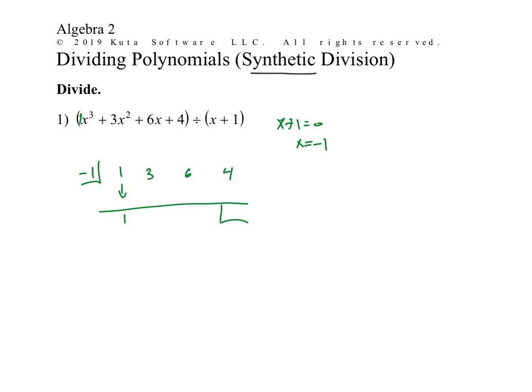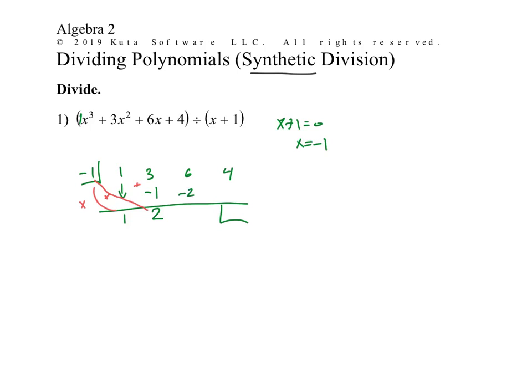Now I have 1. Now I'm multiplying those two. So 1 times -1 is -1. Now those two right here, I'm going to add them. So 3 plus -1 is +2. And again, I'm multiplying those two, so I have -2 here.